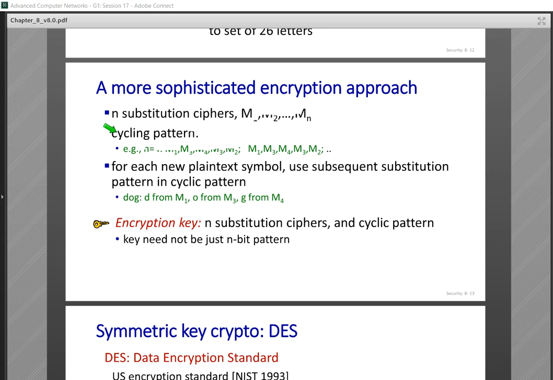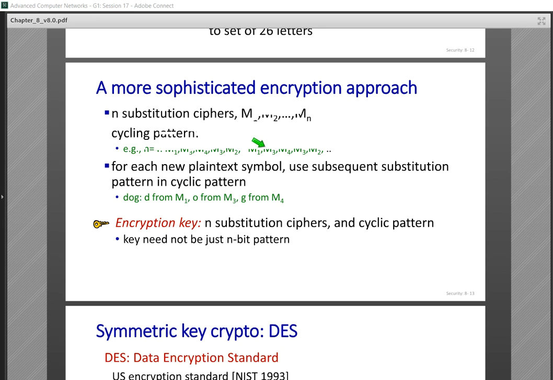And when we say that this pattern is cycling, it means that I'm continuing this strategy, M1, M3, M4, M3, M2, and again, M1, M3, M4, M3, M2. And we continue, we repeat this strategy. So we call it a cycling pattern. This pattern is recycled during the work.